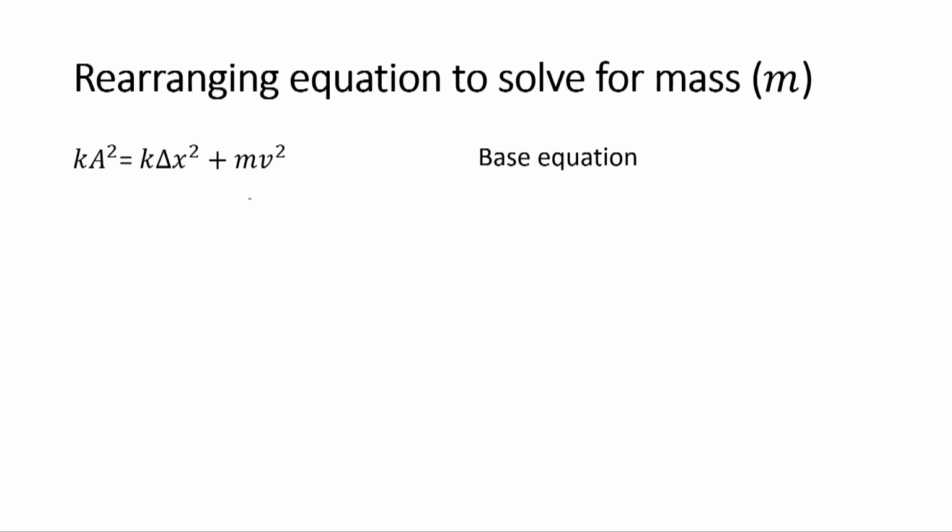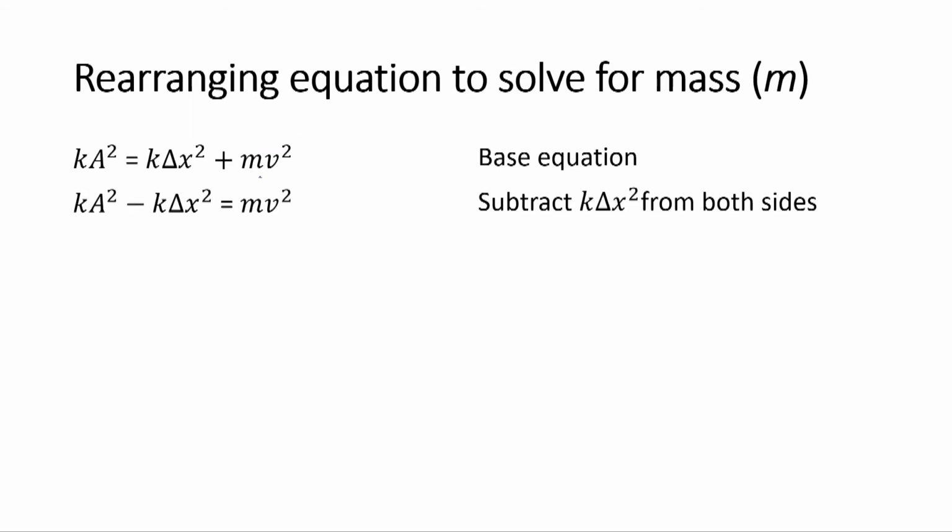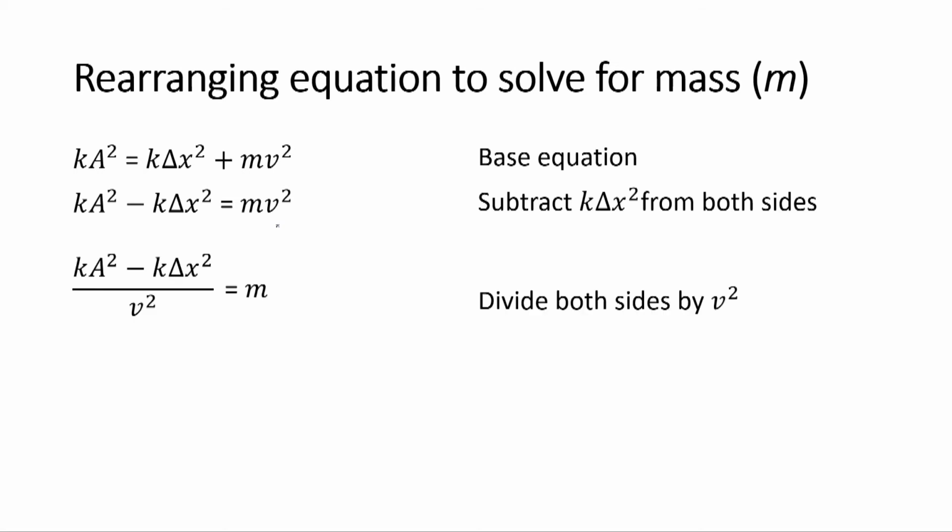Next step is to solve for mass. So we have our base equation. We're going to want to isolate the mv squared term here so that we can then isolate the m. So to do that, subtract k times delta x squared from both sides. Now we have our mv squared over here. And from here the step is fairly simple. You should be able to do it in your head. Divide both sides by v squared.